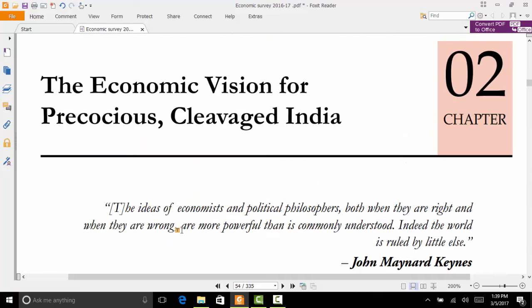Now we discuss this second chapter, economic vision for a precocious and cleavaged India. What do you mean by precocious and cleavaged? What do you understand from it? Let us first understand the heading of the chapter. Precocious means realizing something earlier than expected.